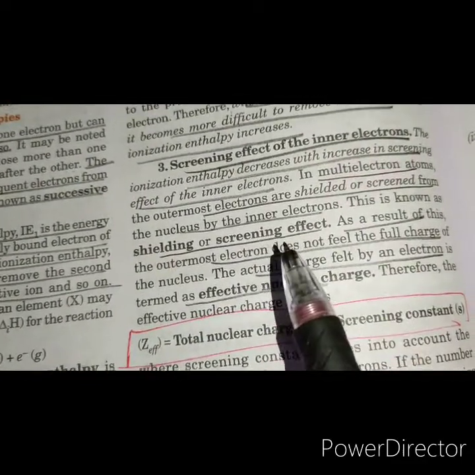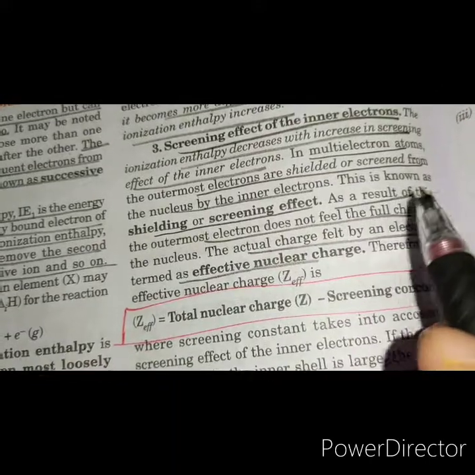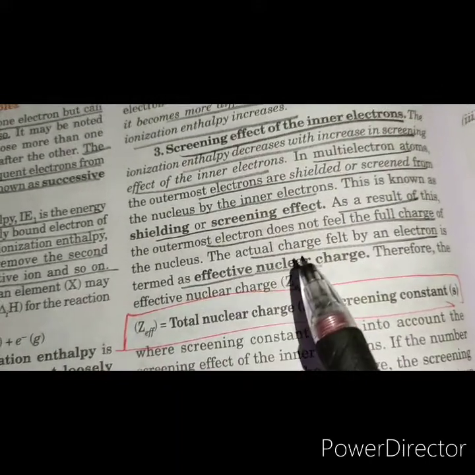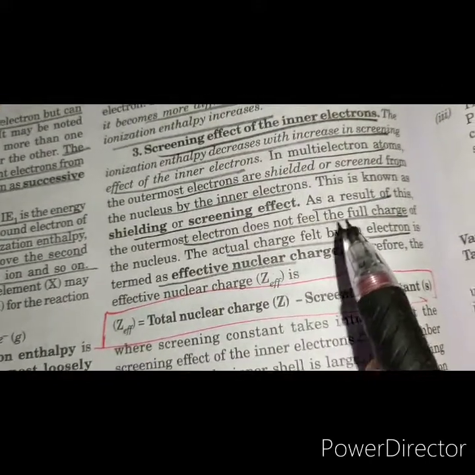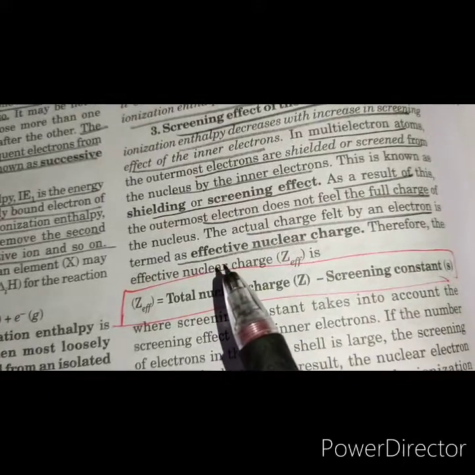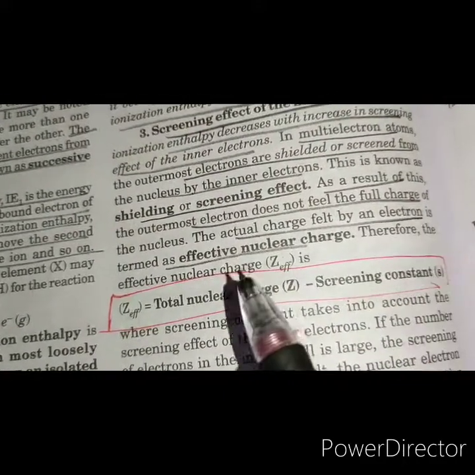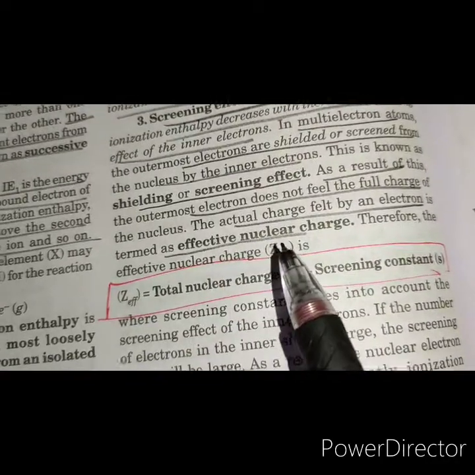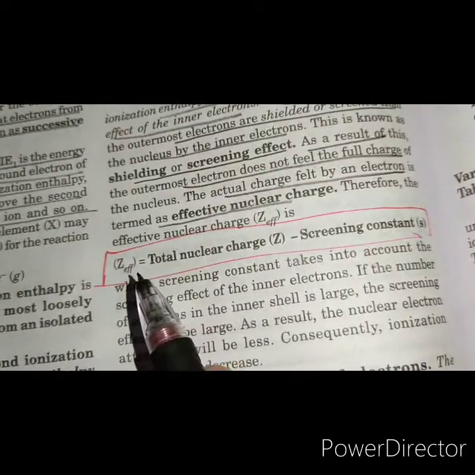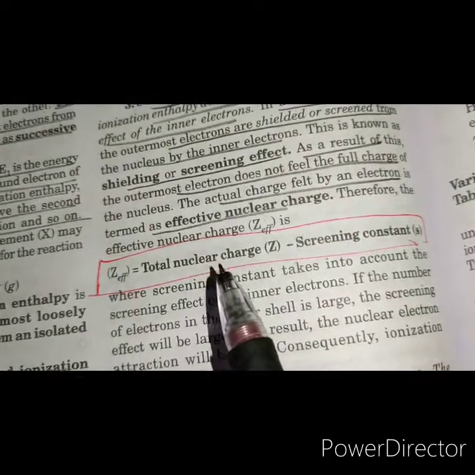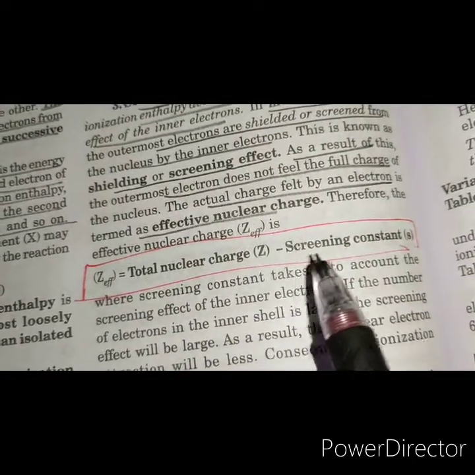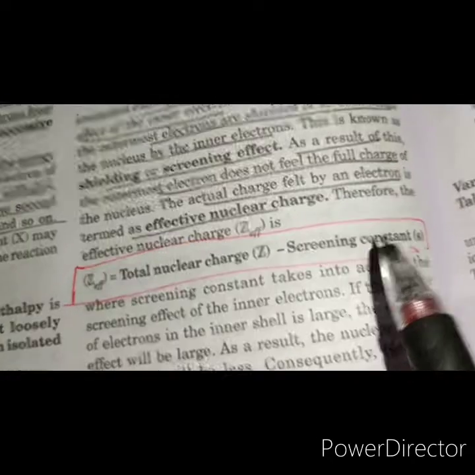This is known as the screening effect. As a result of this effect, the outermost electron does not feel the full charge of the nucleus, and the actual charge felt by the electron is known as effective nuclear charge. So we can write effective nuclear charge as the total nuclear charge minus the screening constant.